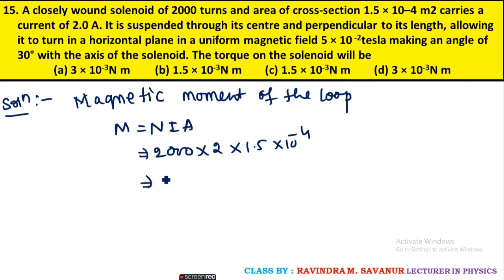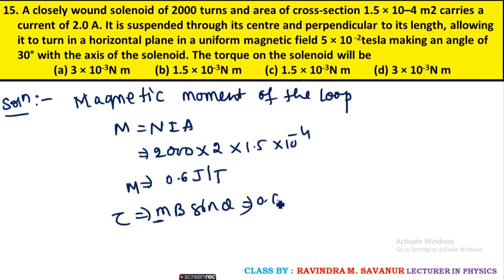Okay students, the answer you got here is 0.6 joules per Tesla. And they are asking about torque, which equals mB sin theta. Here m is 0.6, B is 5 into 10 to the power of minus 2, and sin 30 is 1 by 2.